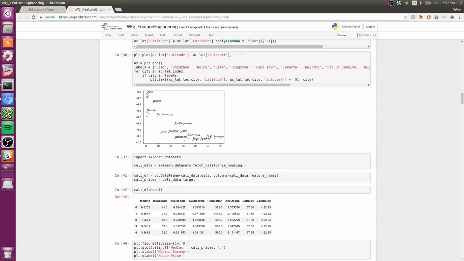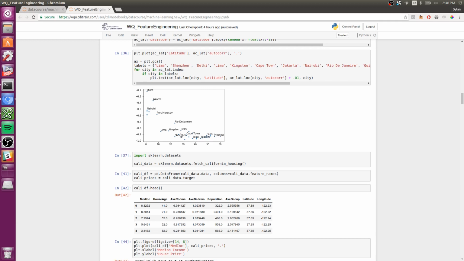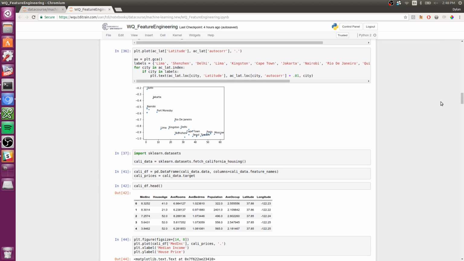And if we were to plot this new feature that we had constructed against latitude, we found a very strong trend. So all these cities appeared to fall along some kind of nicely behaved curve. But this is clearly curved. It's not linear data. And that limits, to some degree, the sorts of models we could fit to this data.